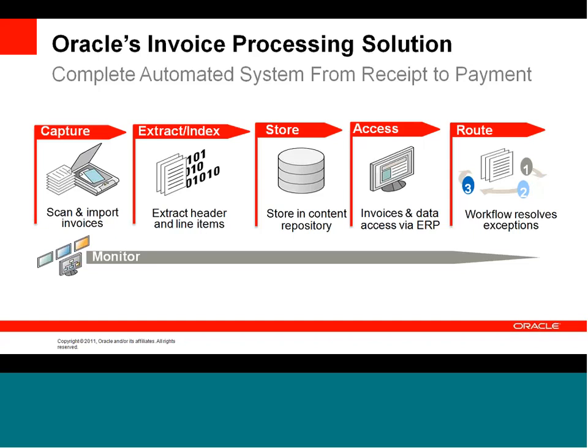And we'll see access through the eBusiness Suite screens in our integration with eBusiness Suite. And then finally, if there are any issues with that, then we can route it through the workflow to resolve those exceptions. And then underlying all of this is a monitoring capability where you'll have visibility into the process and be able to see what's going on, get reports back on what's in that process and then be able to make corrections if necessary.